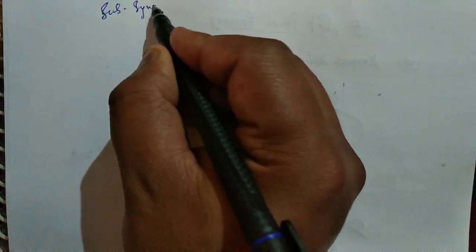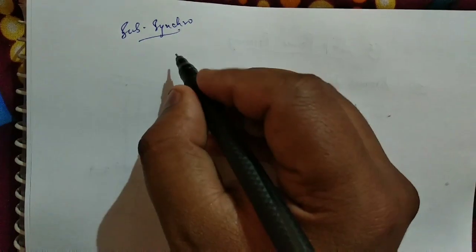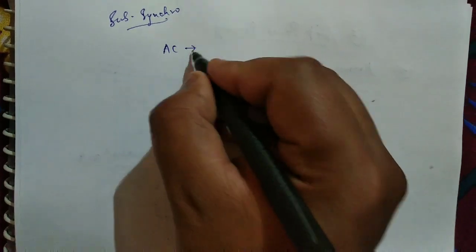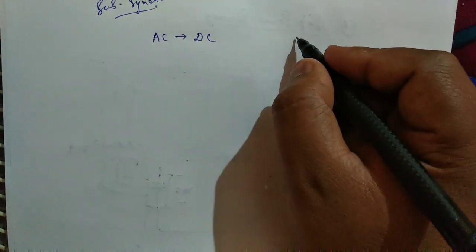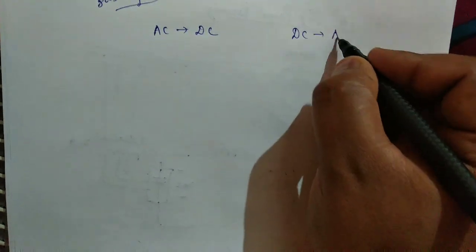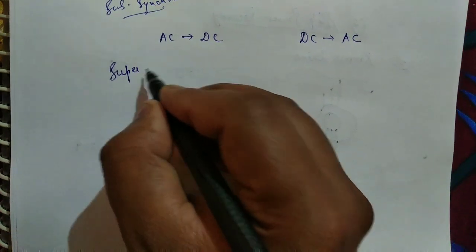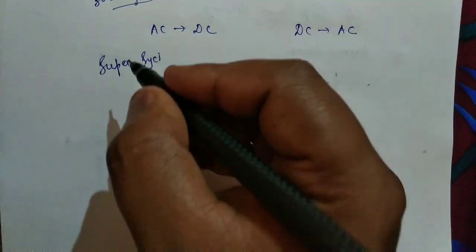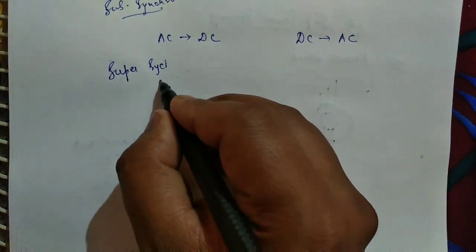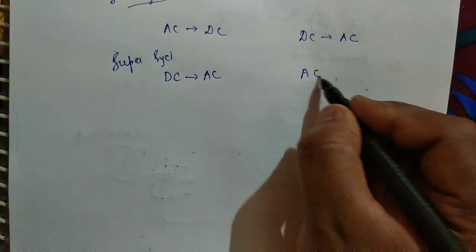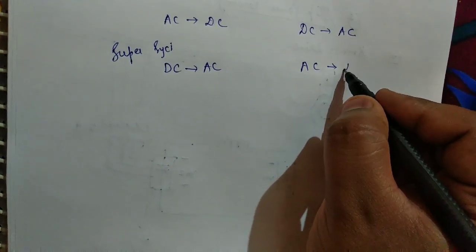For subsynchronous speed, we will use the first converter as AC to DC and the second converter as DC to AC. For supersynchronous speed, we will use the first converter as DC to AC and the second converter as AC to DC.